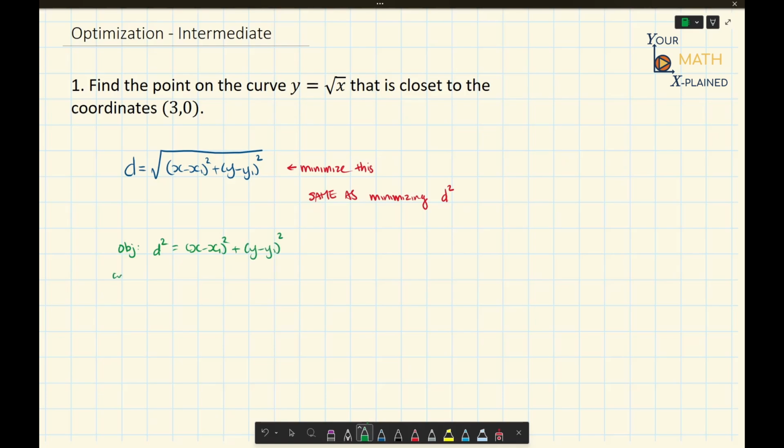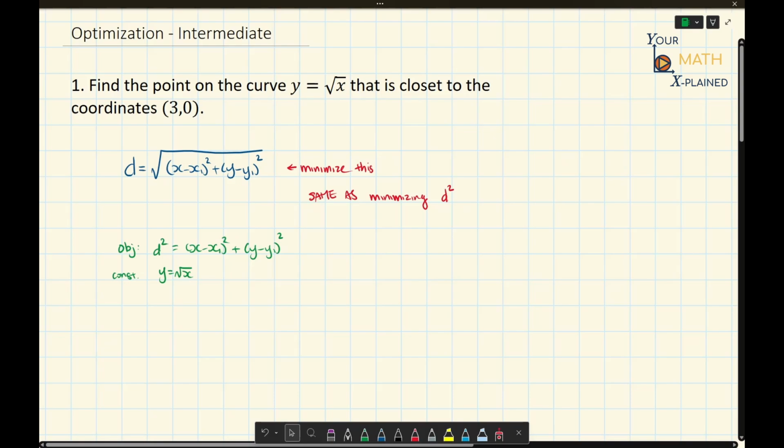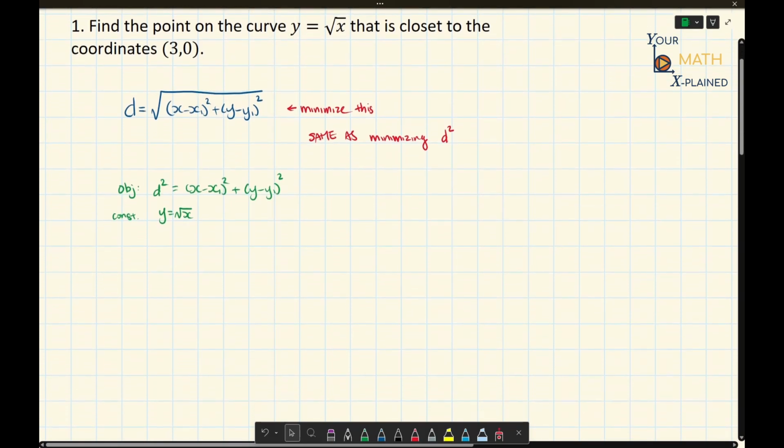And then our constraint is going to be the fact that our curve is y is equal to the square root of x. So now we're going to substitute y is equal to the square root of x into our objective equation.